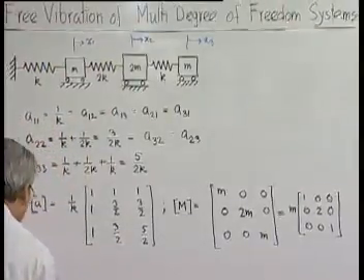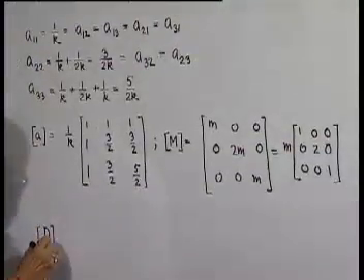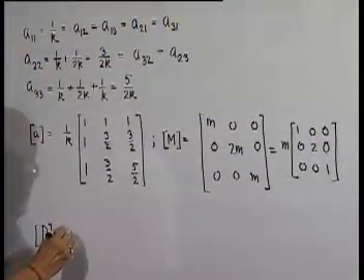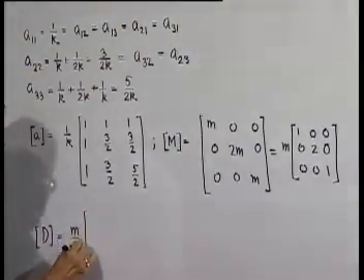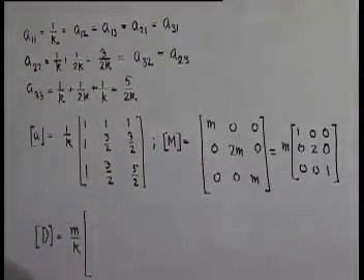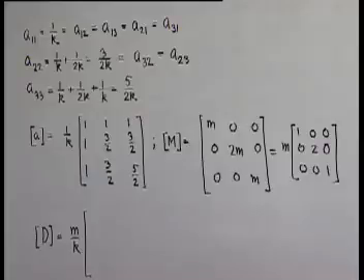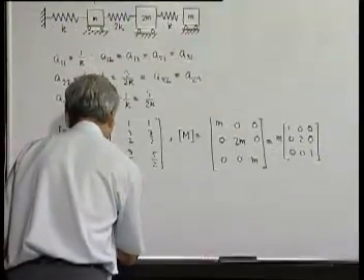So the D matrix is equal to m by k into this into this. The result I will give, it's straightforward.